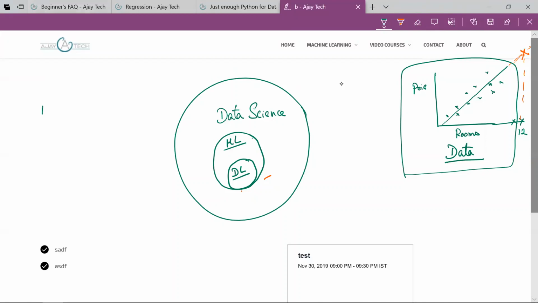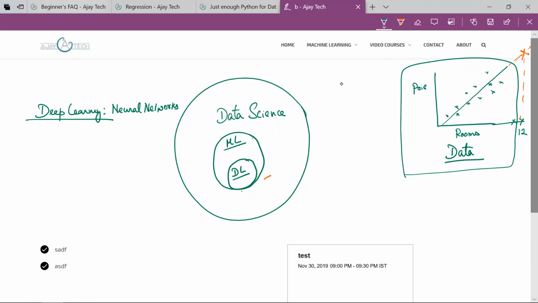Deep learning is a part of ML, but it uses a special technology called neural networks. So when you're trying to solve a machine learning problem using neural networks, we call that deep learning. That's it. Just a specific use of a technology. Now, what is artificial intelligence? That's another word.